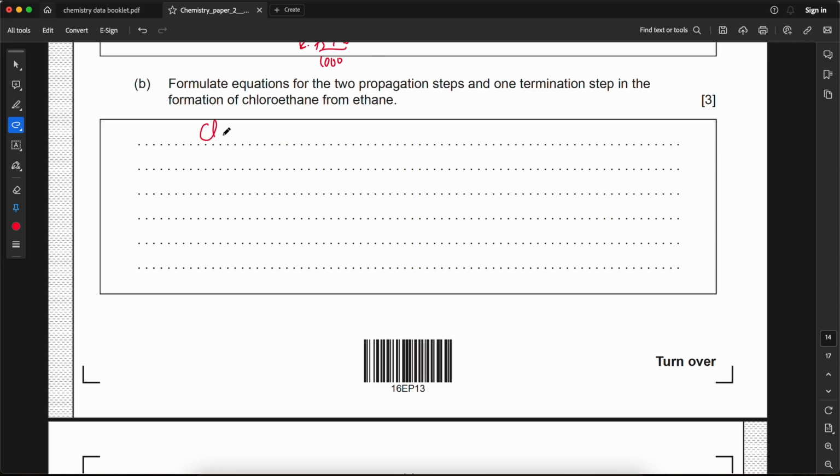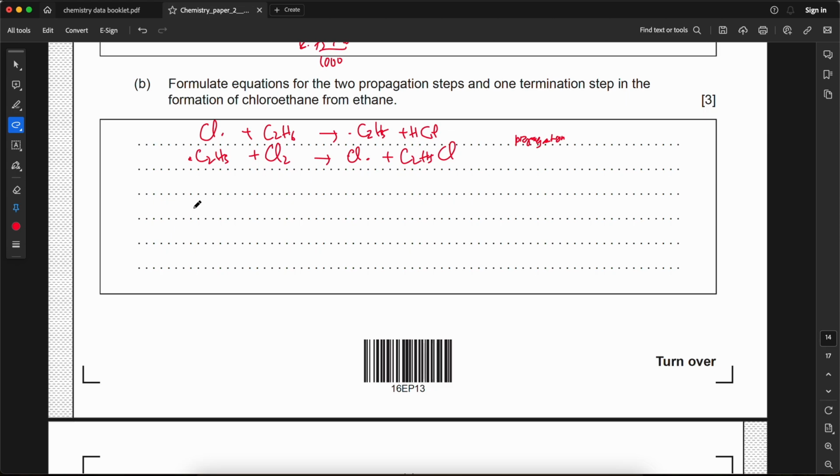That would be Cl radical plus C2H6 will produce C2H5 plus HCl. Or C2H5 reacts with Cl2 producing Cl radical and C2H5Cl. These are propagation. Okay? Because propagation is producing reactive species that can further react, or formation of reactive intermediates which continue the chain reaction by reacting with other reactant.